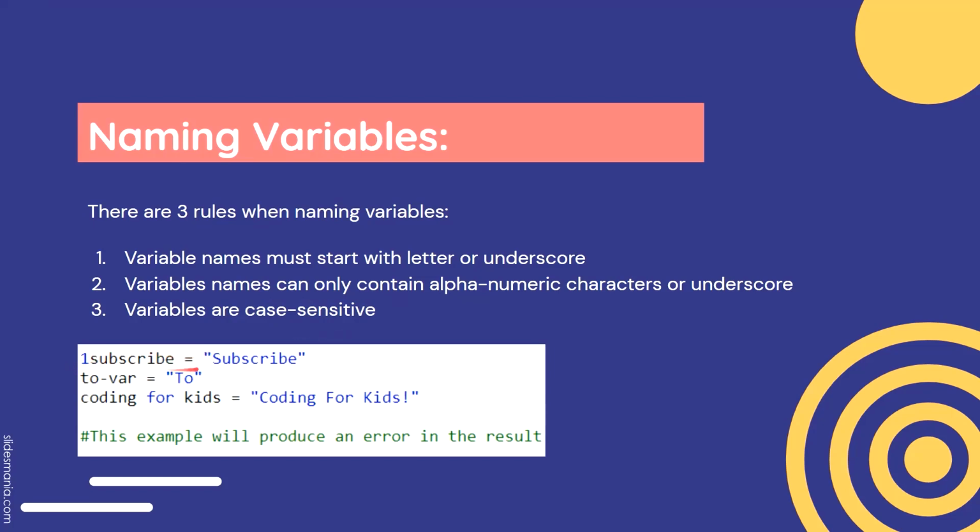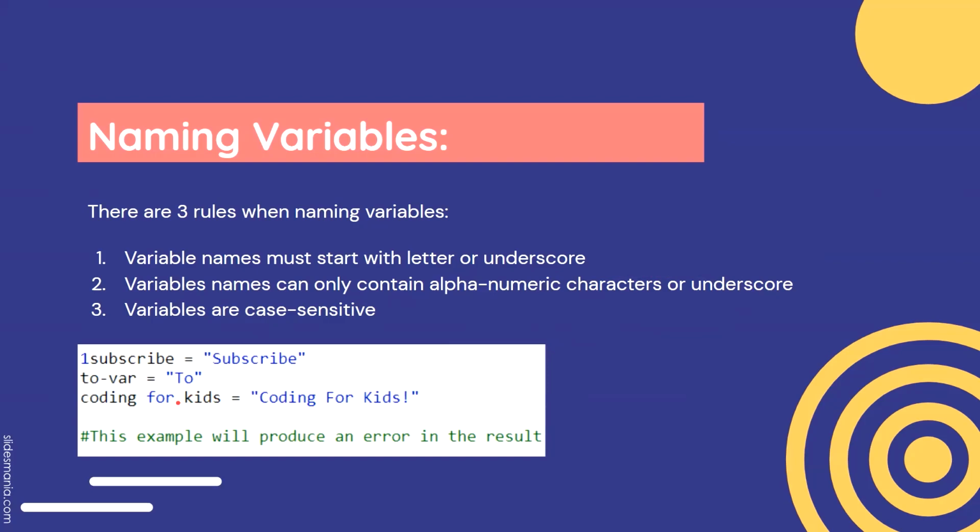So here you can see this is invalid because it starts with a number and you can't do that. This is also invalid because there's a hyphen, and you can't have hyphens in your variable. And then you also can't have spaces. This is a very important thing. People always add spaces when they're beginning to make or name variables, and you can't have spaces. If you have a really long variable name, some people like to put underscores as their spaces.